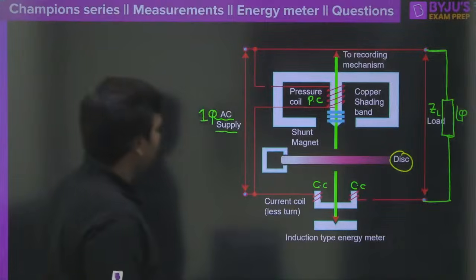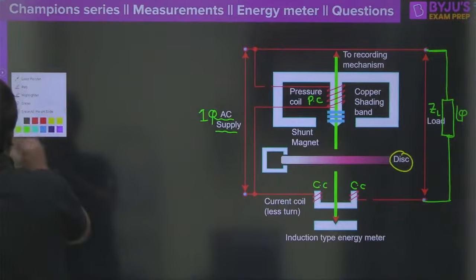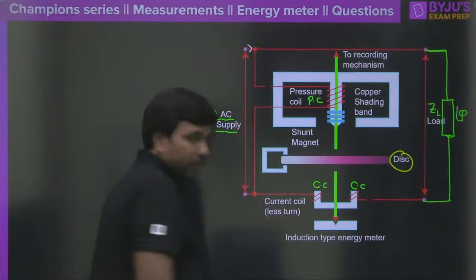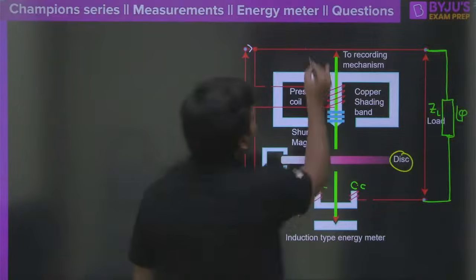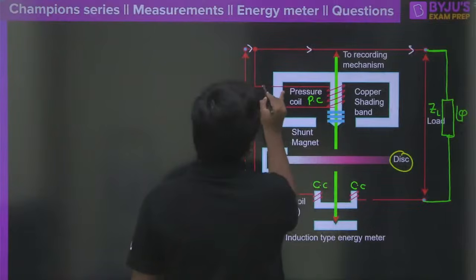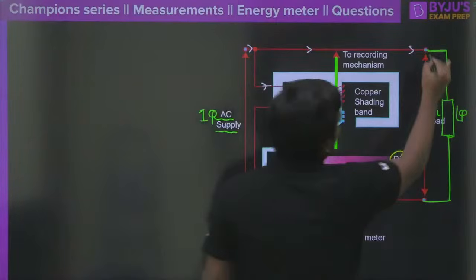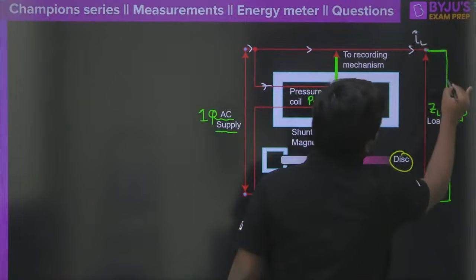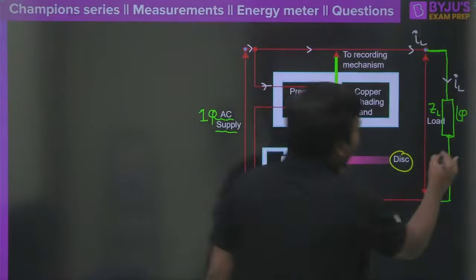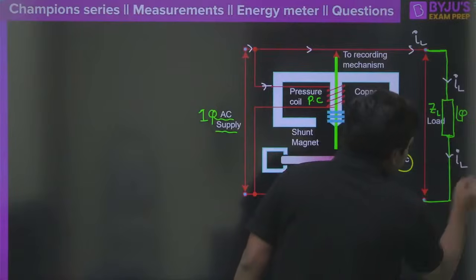Suppose the AC supply delivers the current. There will be some current flowing through the pressure coil, but the load current, IL, will be flowing like this.